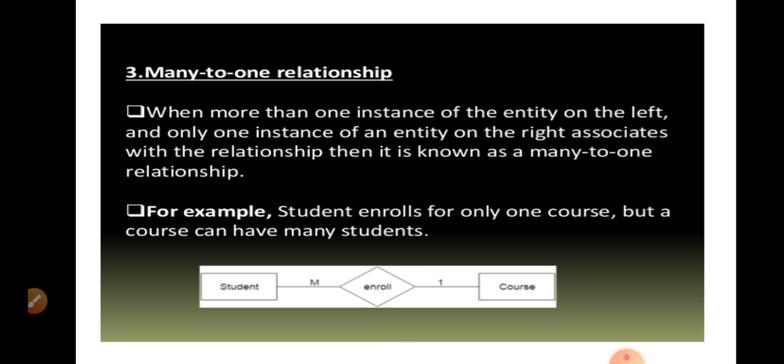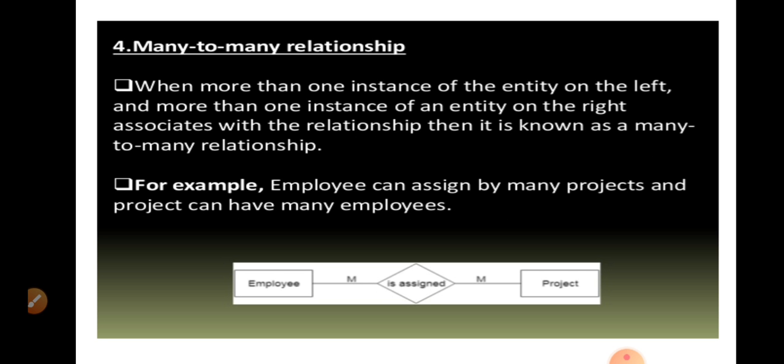Now we will discuss the last type of relationship, that is many-to-many relationship. When more than one instance of the entity on the left and more than one instance of an entity on the right are associated with the relationship, then it is known as many-to-many relationship. That means more than one on the left hand side and more than one on the right hand side.